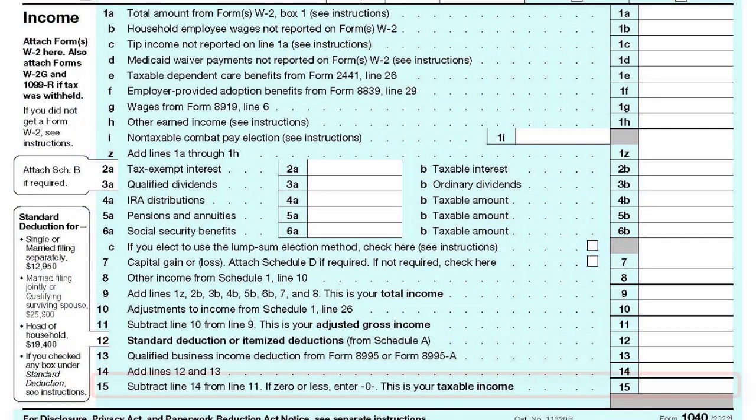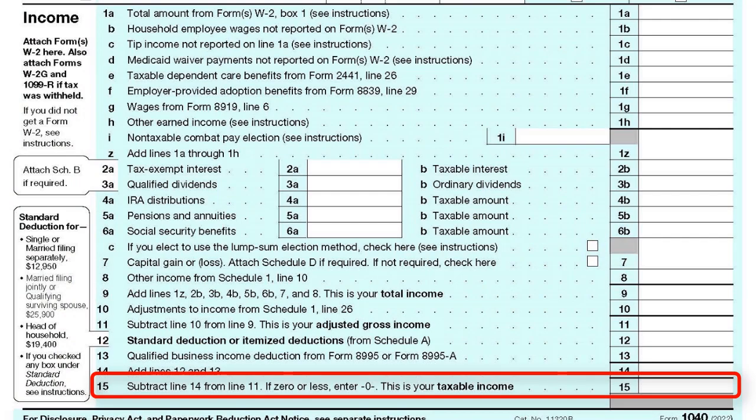So this all brings us to line 15, which is your taxable income line. So we've listed all of our income, we've had some deductions in one place, we've now gone through the Schedule A deductions. This is the number that really dictates your total tax bill. It's your taxable income. And so we have what's called a progressive tax bracket.